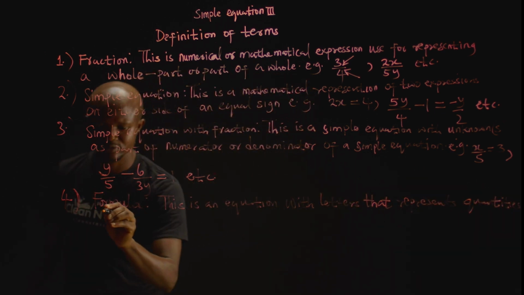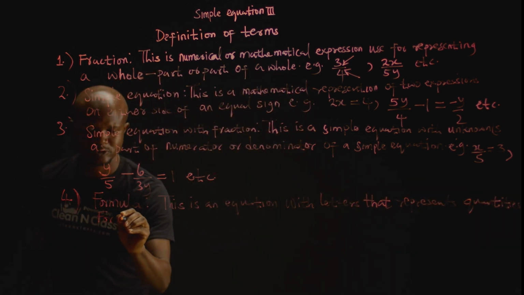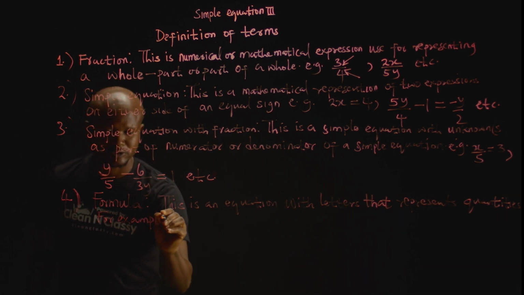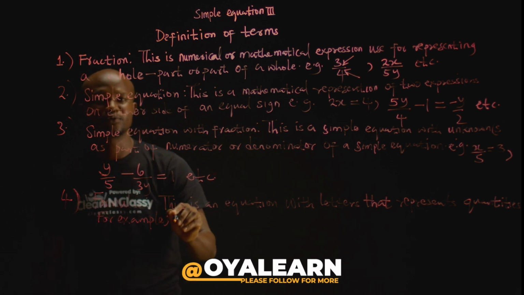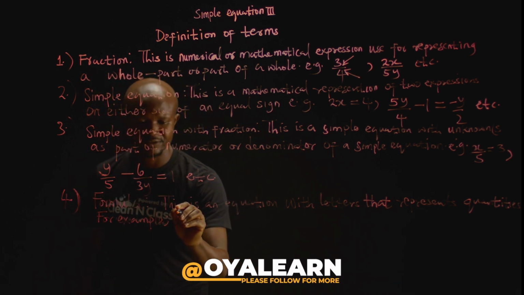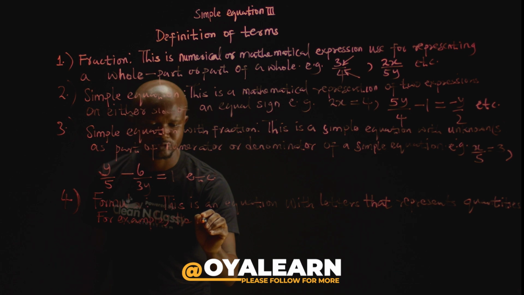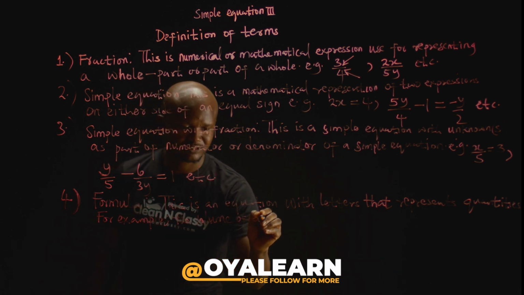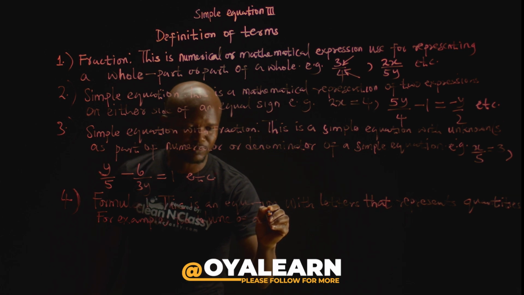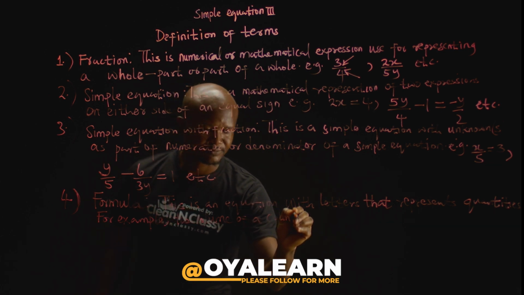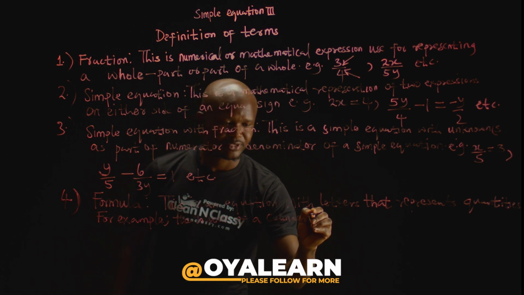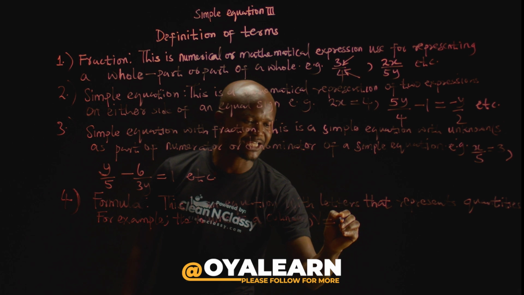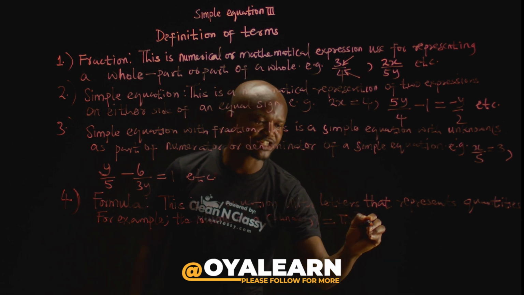For example, the volume of a cylinder, denoted as V, is equal to what? Pi r square h.